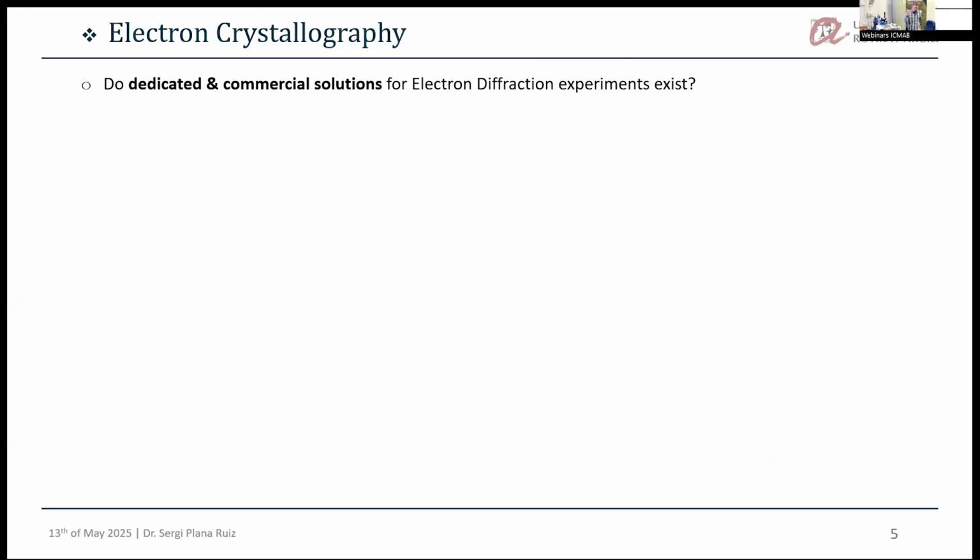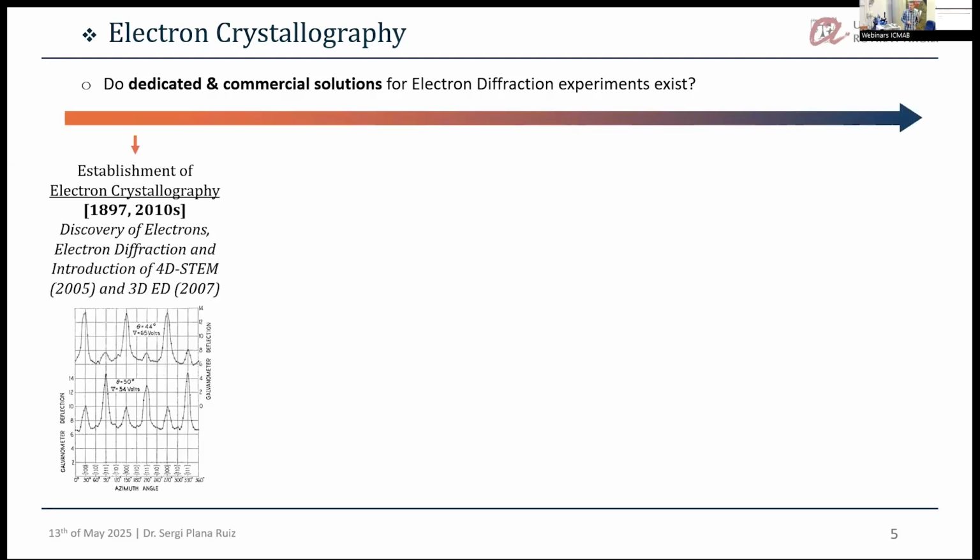With these complex instruments, one logical question arises, and this is the question. If there are dedicated commercial solutions that only do 3D or these STEM techniques, well, the establishment of the electron crystallography field has taken 100 years. That is, since the discovery of electrons, the demonstration of electron diffraction, and the introduction of the 3D and STEM techniques.